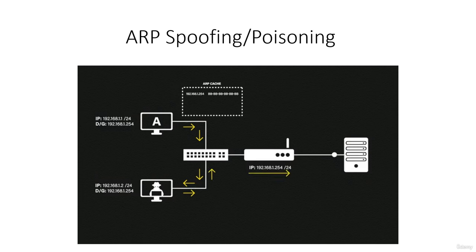So first, host B, which is an unethical hacker, launches an ARP poisoning attack. Then the hacker modifies the ARP cache of host A. Then it reroutes the traffic of host A to the attacker, as you can see in this picture.